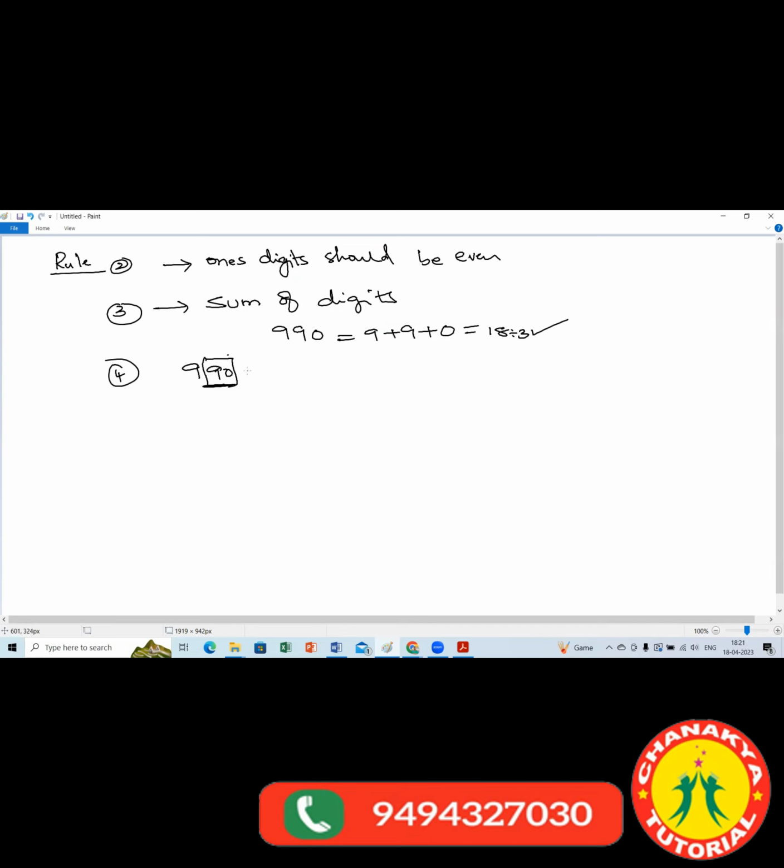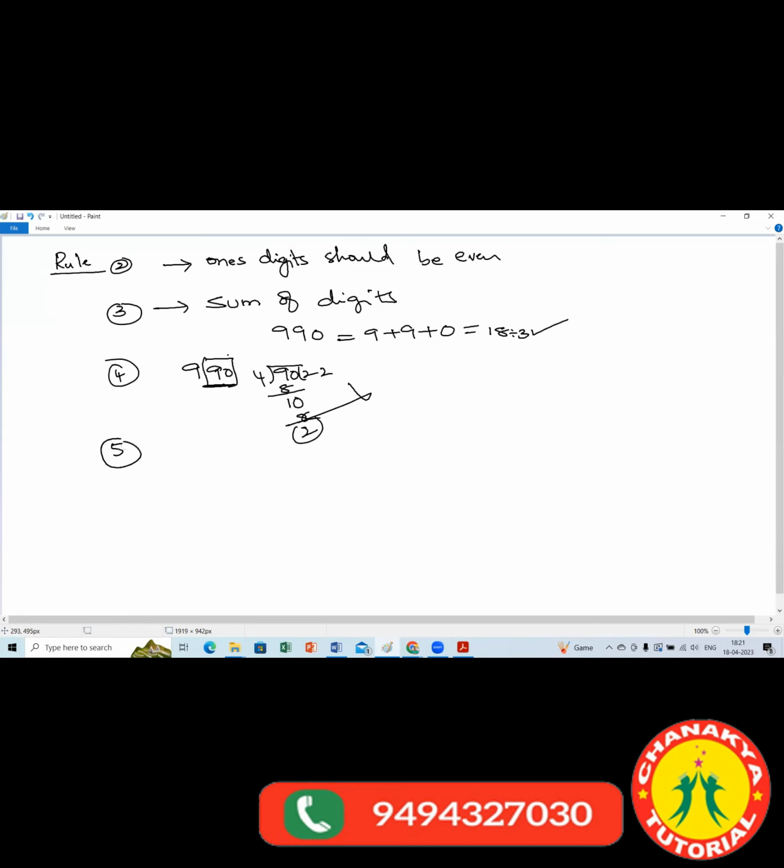So this should be either 0, 0, or exactly divisible by the 4 table. So let me check. 4 twos are 8. Bring down, subtract, 10. 4 table, it won't go. 4 twos are 8. Remainder you will get. So this is not divisible by 4.